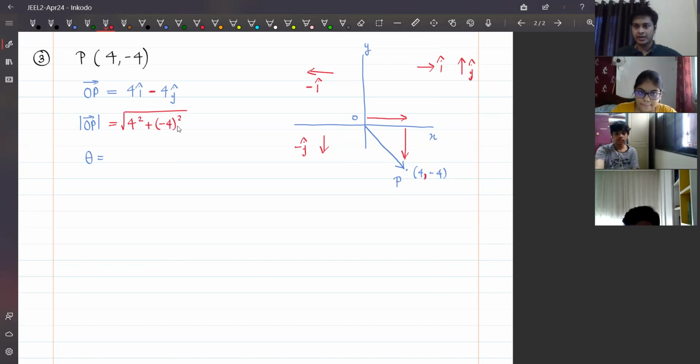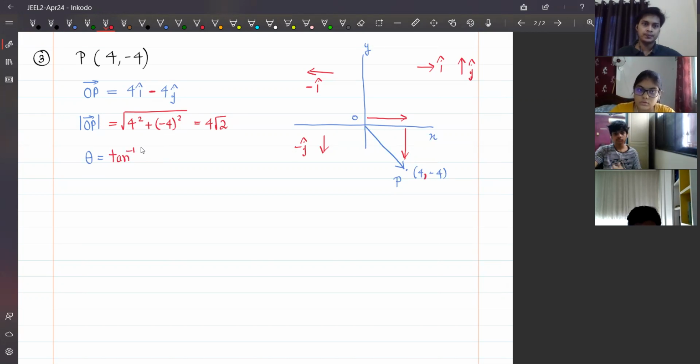The square of a negative quantity will become positive. Understood? So this will become 4 root 2. And if you write tan theta, then theta is tan inverse. Tell me the value.